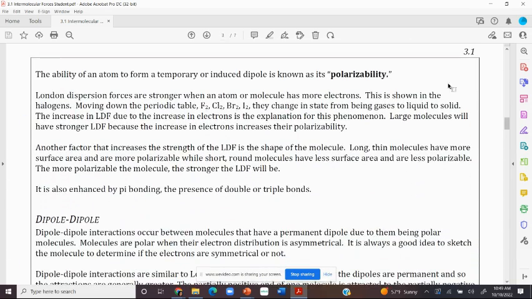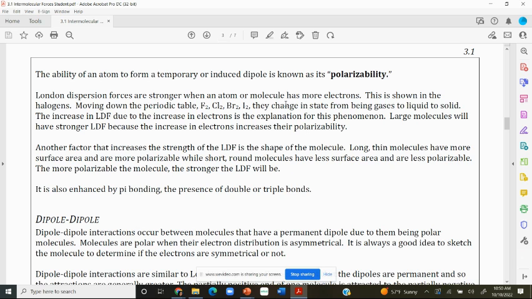Okay, so the ability of an atom to form a temporary dipole is called polarizability. They love this term. They love it when you use this term. If I have a highlighter out, I'm going to highlight this term.